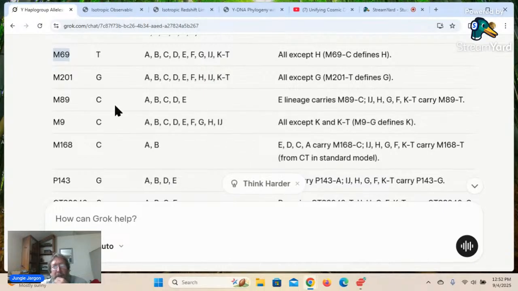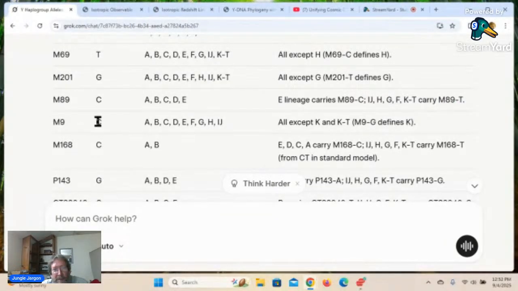M89 C is the polymorphism. The E lineage carries M89 C. I, J, H, G, F, and K through T carry M89 T. So that's good. M9 is all except K. Oh, this is M9, yeah.